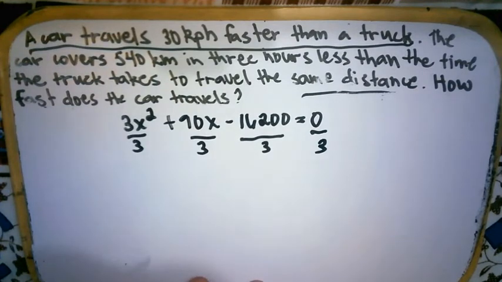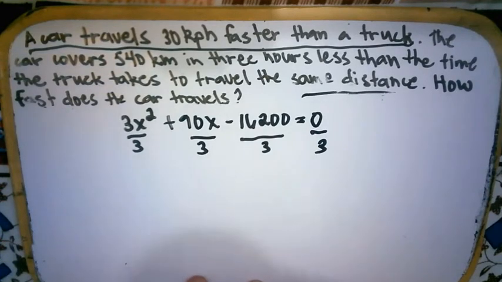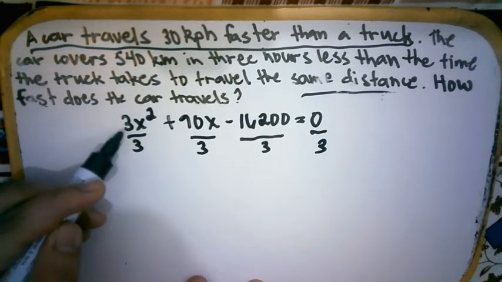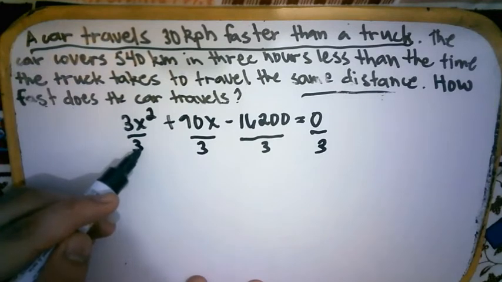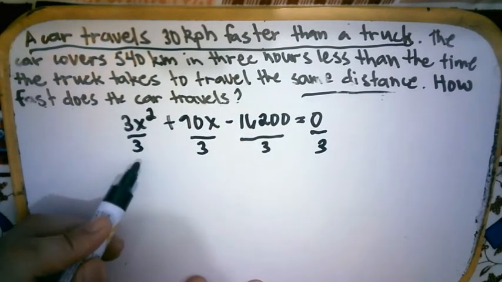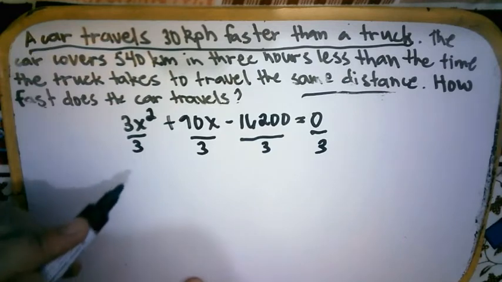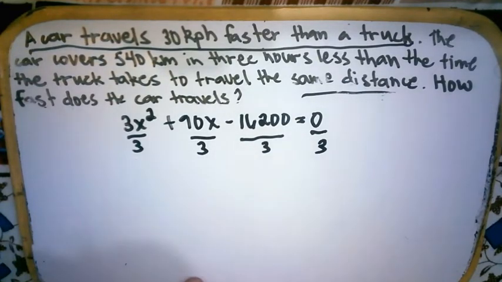So pwede po yan, basta dapat pare-pareho lang ng number na i-divide mo. So hindi pwede, for example, na dito ka lang magdi-divide sa first term tas dito hindi ka nag-divide. So hindi po pwede yon. So kailangan mo i-divide lahat ng term by the same number kung divisible. Nagkataon na divisible by 3 lahat ng numbers dito.